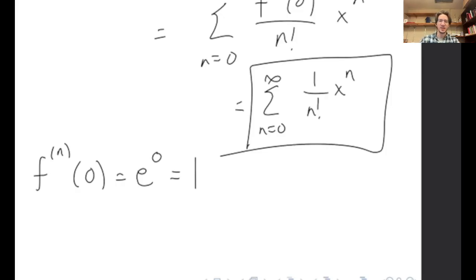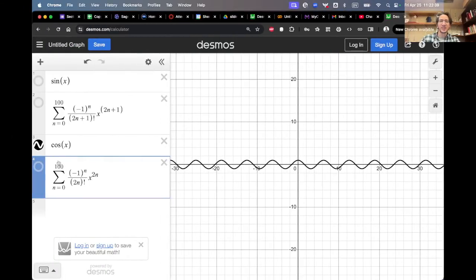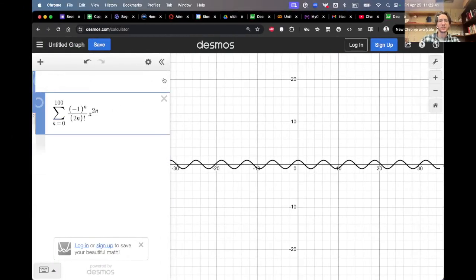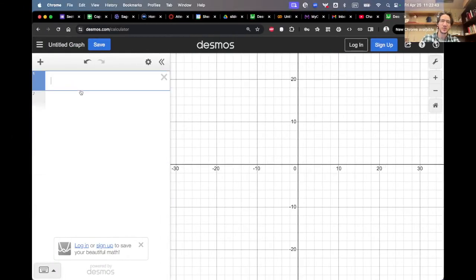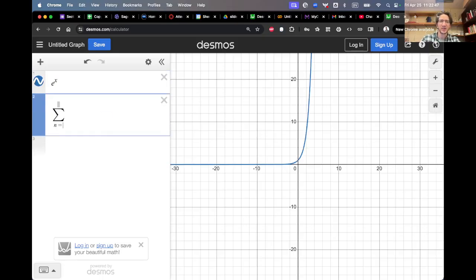If you want to find the interval of convergence, this converges. The radius of convergence is infinite, so this has an interval of convergence minus infinity to infinity. So here we go. Here's e to the x, and here's the Maclaurin series, or at least the first 101 terms, x to the n over n factorial.